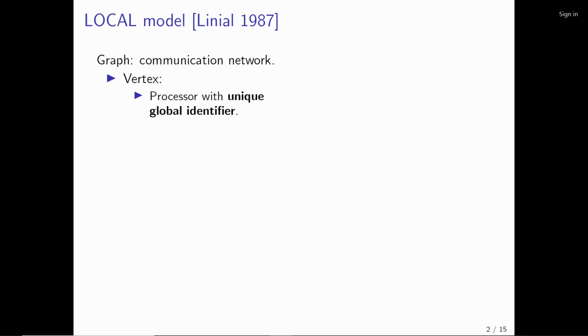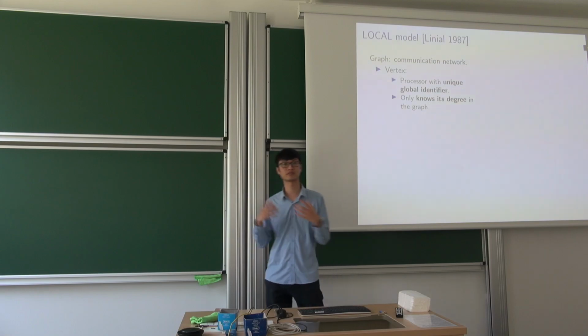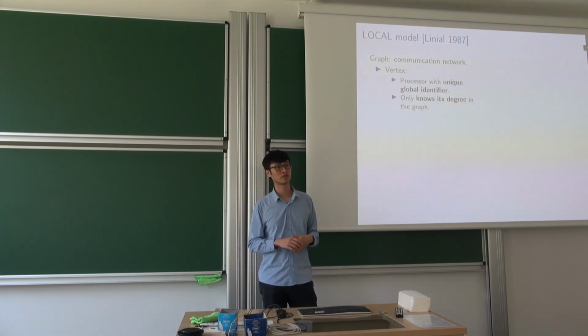Okay, and the important thing here, why it is called local, is because we have no knowledge about the graph. Say that we have only knowledge of our degree in the beginning, so we know how many neighbors we have. We don't even know the neighbors, we just know how many of them there are. And in some variants of this model, sometimes called the weak LOCAL model, you're also given some type of inputs that depends on your problem.